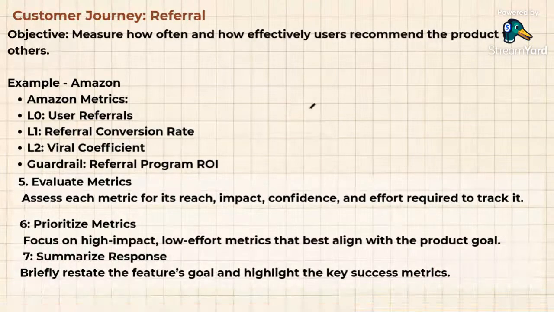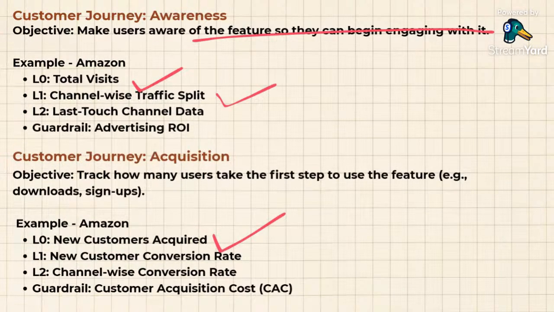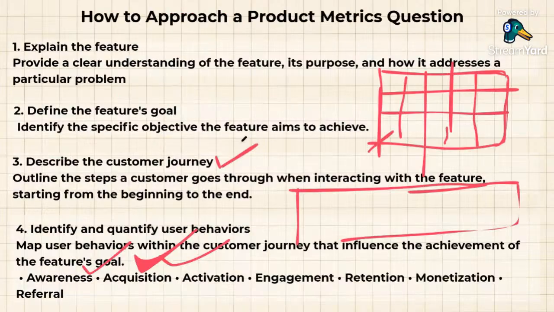Let's say we have understood that these are the different metrics associated with the product at the different stages of the process. Now, once we have understood this, we will create a metric tree and find out the leading and the lagging metrics.